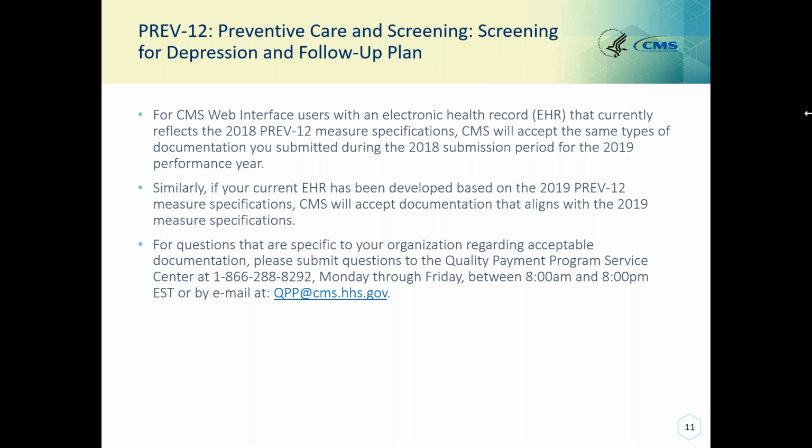But CMS or Telligen, is that true? Yeah, if you don't have medical record documentation showing that they have the diagnosis, you would select no, and that patient would be skipped and replaced in your sample. Okay, great. Thank you for that.